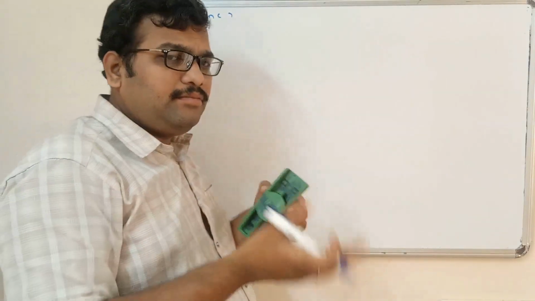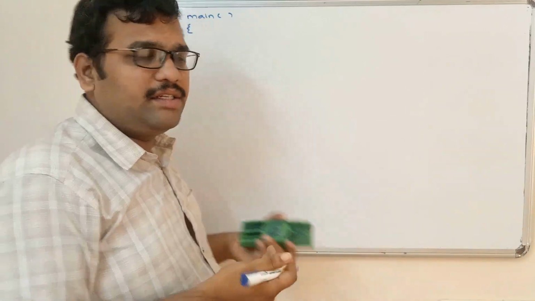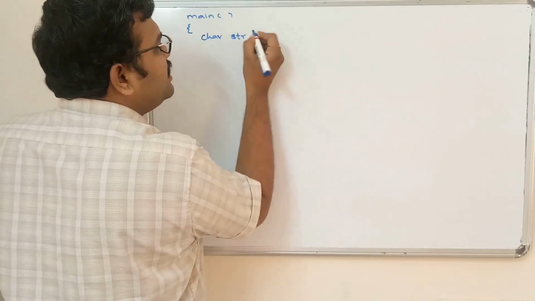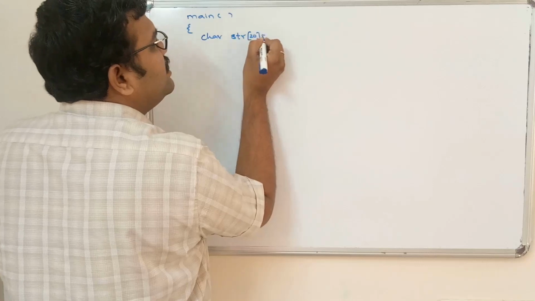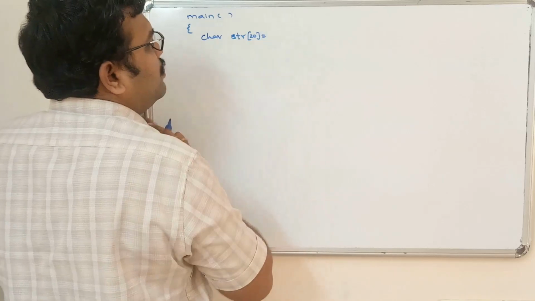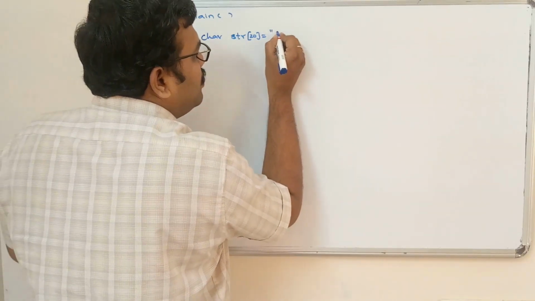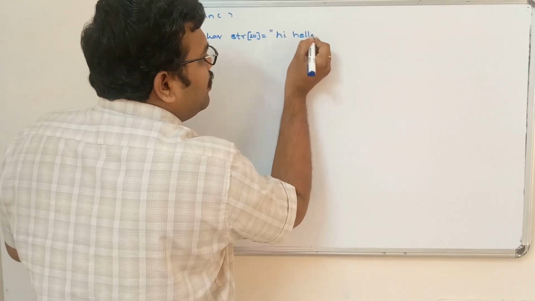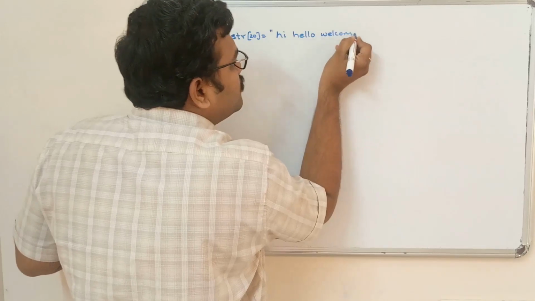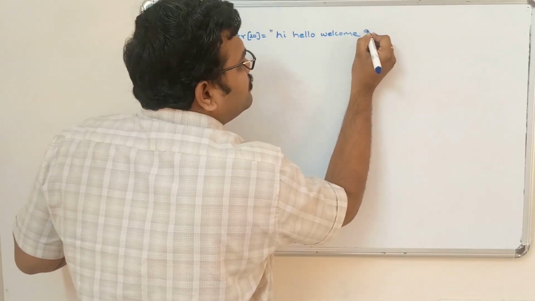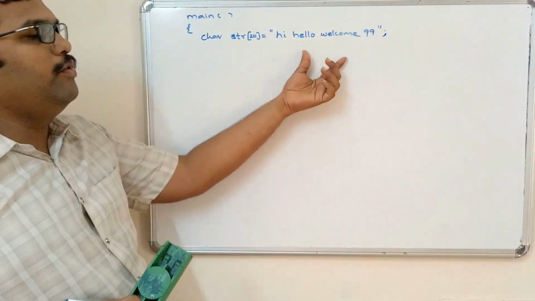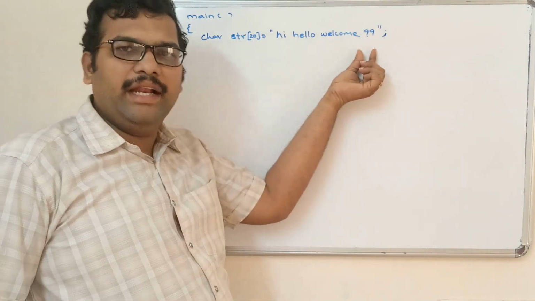Here let us take the direct initialization: char str of 20 is equal to the input given, "hi, hello, welcome 99".